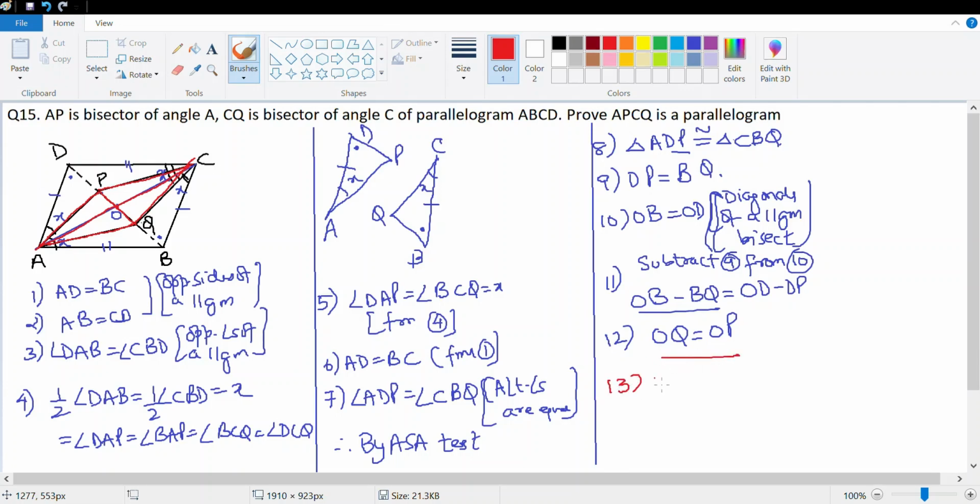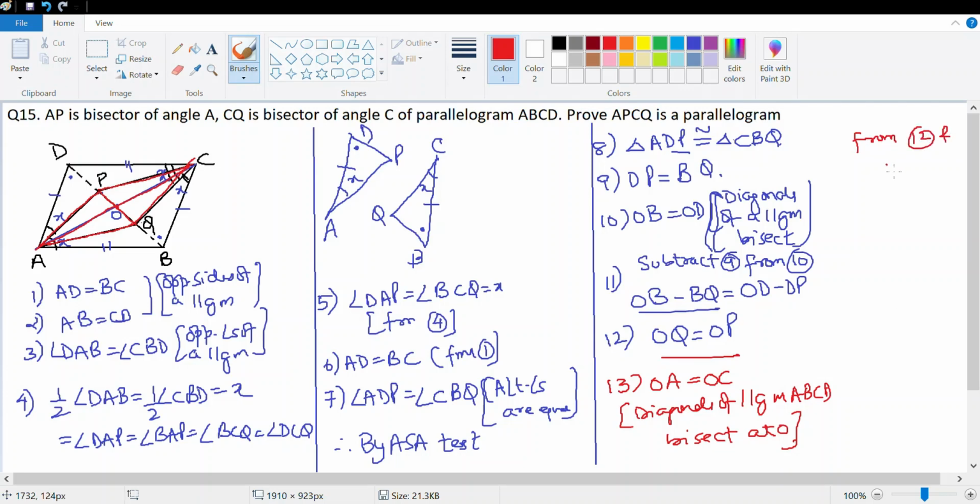Number 13, OA is equal to OC. Why? Diagonals of parallelogram ABCD bisect at O. So from 12 and 13 we get OA is equal to OC and OP is equal to OQ.